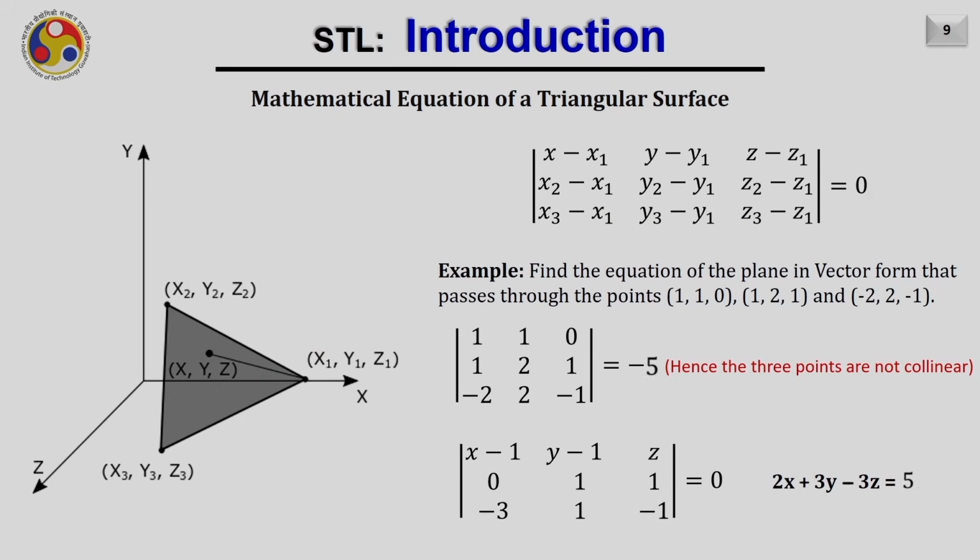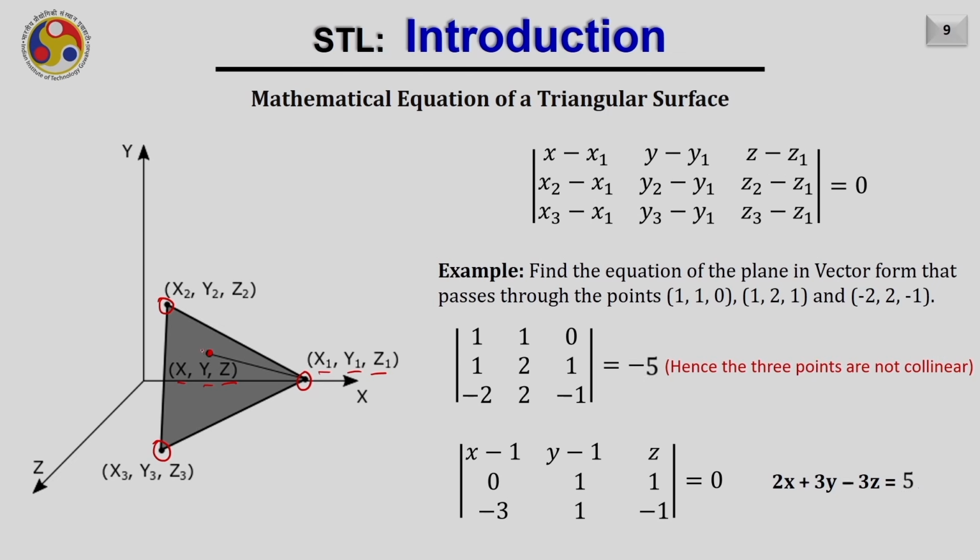So, the mathematical equation of a triangle surface is very easy, but it is the right time to understand it. If I have a point on a triangle which is represented by x, y and z, and there are 3 vertices, those are x1, y1, z1 of the triangle, x2, y2, z2 and x3, y3, z3.